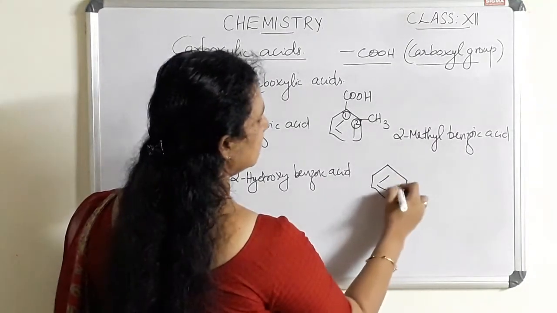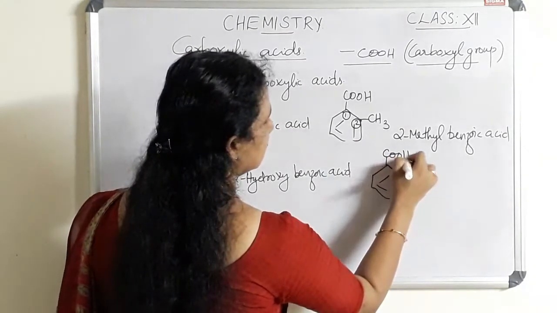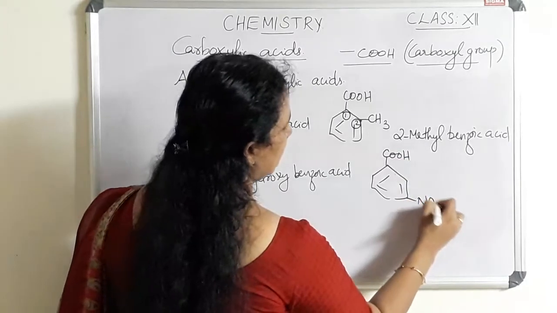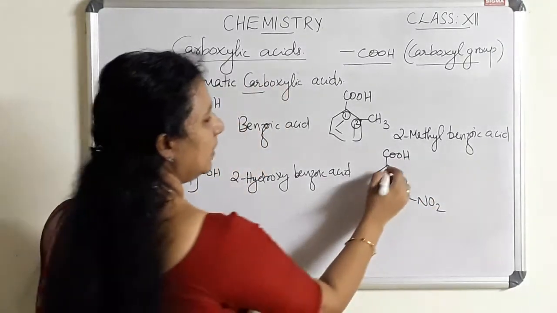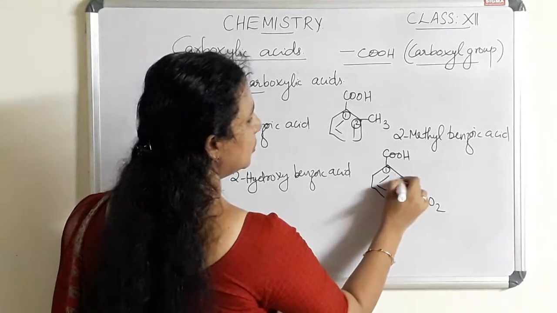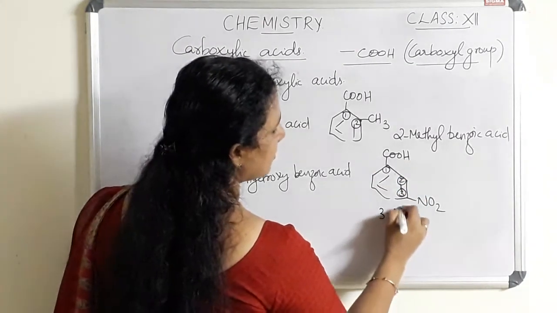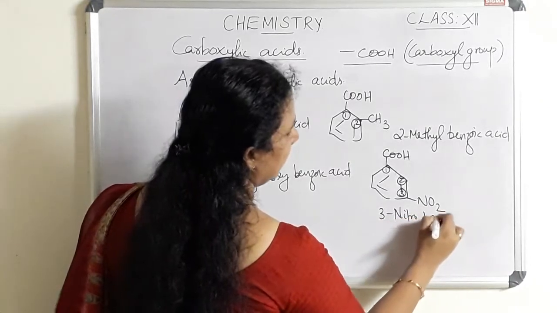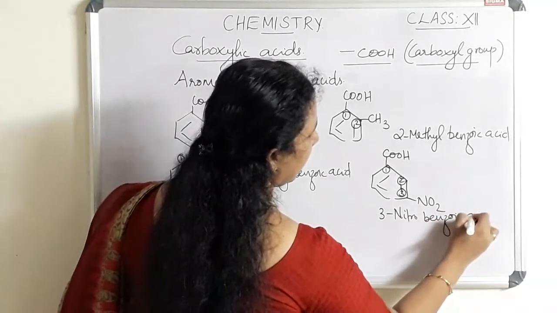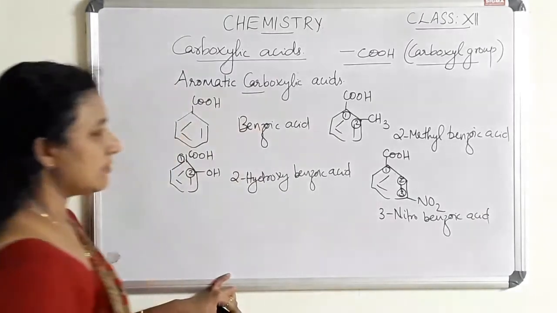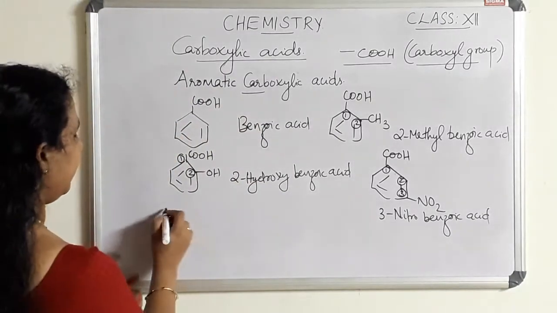Then, if there is a nitro group, numbering is 1, 2, 3. So it is 3-nitro benzoic acid. It is 3-nitro benzoic acid.